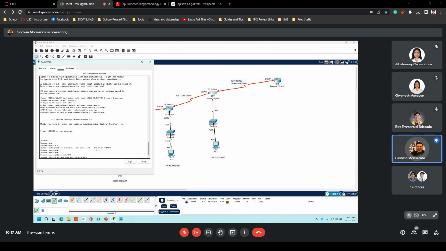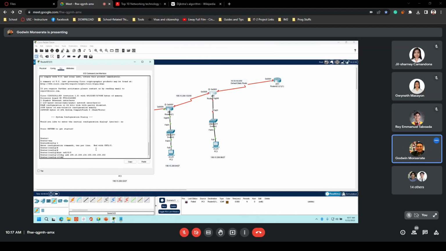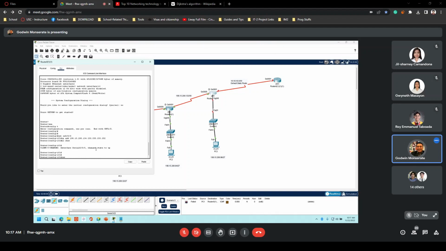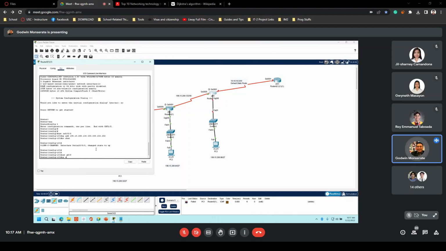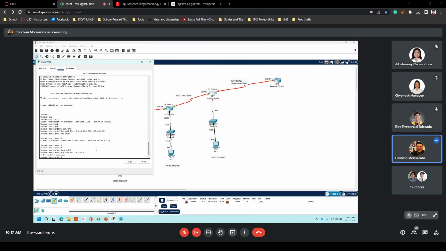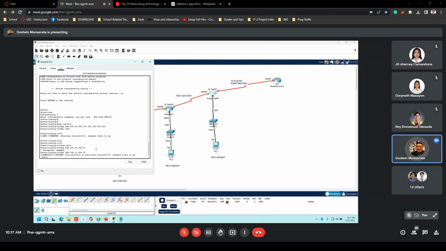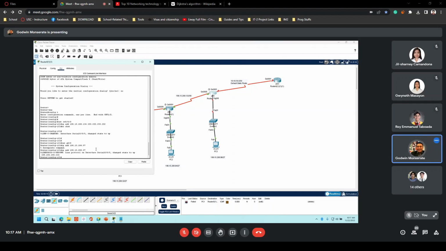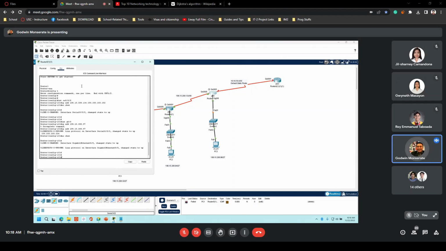Some of your faculty, some of your teachers don't know this. You are luckier, so you should be proud of it. No shut. In fa0/0, ip add 198.15.200.97, 255.255.255.224, enter, no shut. Okay, there you are.